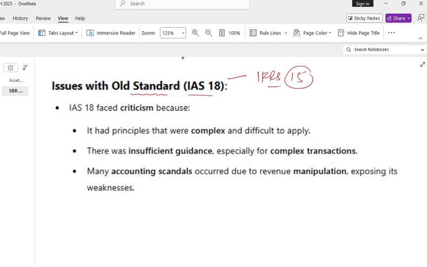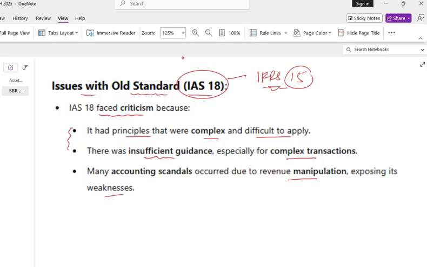What was the problem with IAS 18? There was some criticism: it had principles that were complex and difficult to apply, there was insufficient guidance regarding complex transactions, and many accounting scandals occurred due to revenue manipulation, exposing its weakness.